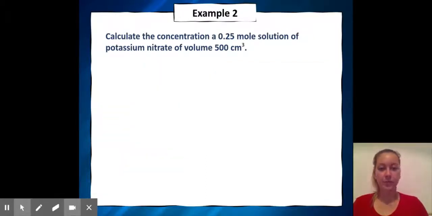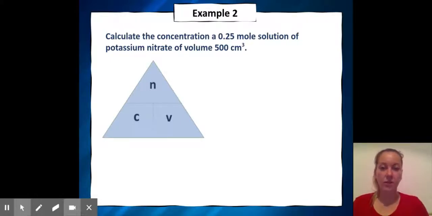Example 2. Calculate the concentration of a 0.25 mole solution of potassium nitrate of volume 500 centimetres cubed. So this time we are being asked to calculate the concentration. Looking at the triangle, we know we're going to have number of moles divided by volume because they are on top of one another.